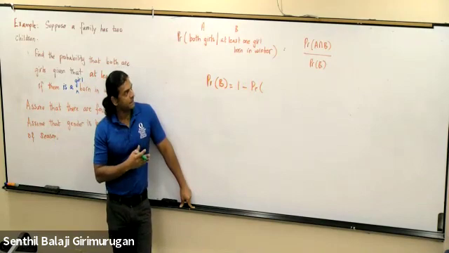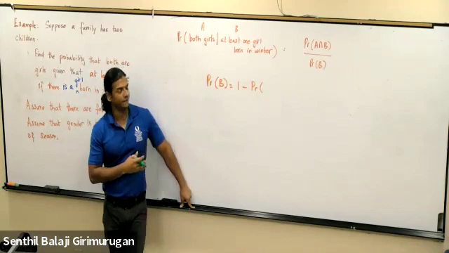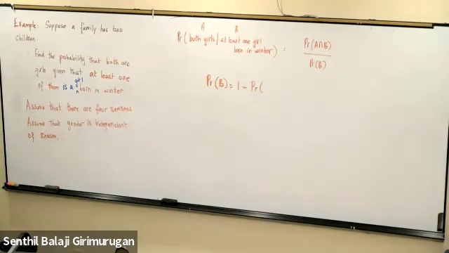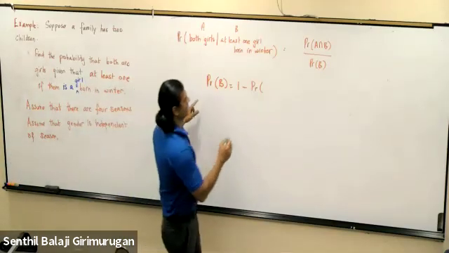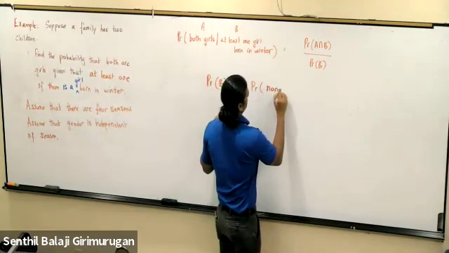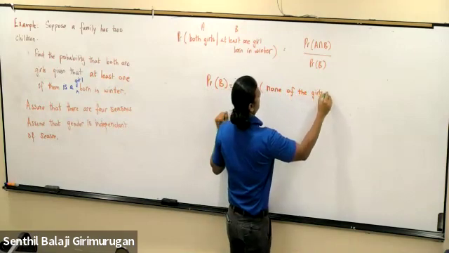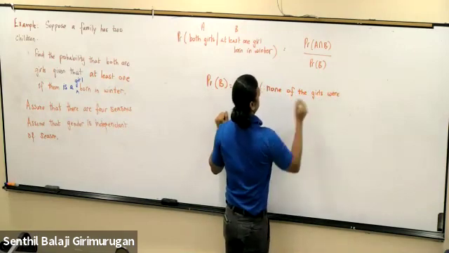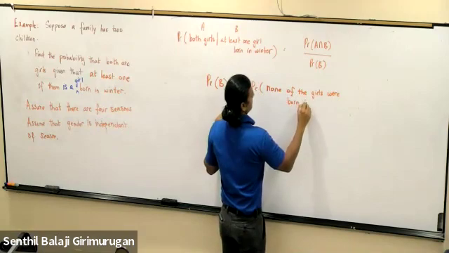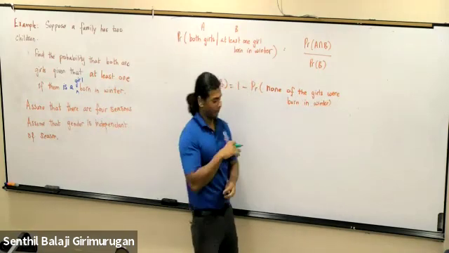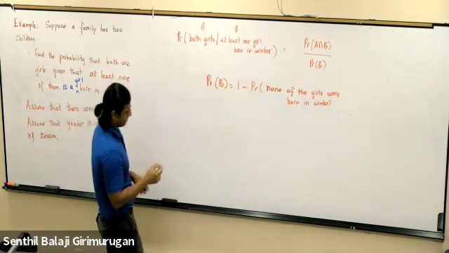The probability that at least one girl is born in winter, what is its complement? None of them were born in winter. Or you can say both girls were not born in winter.